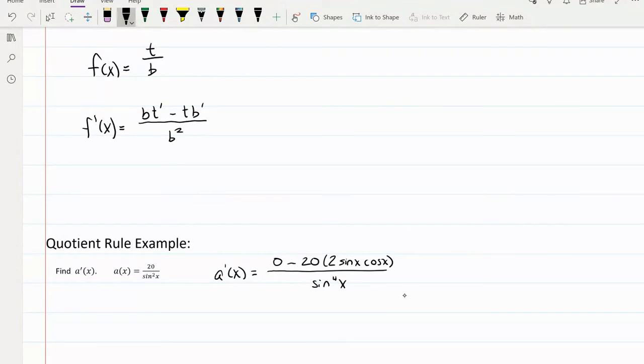So when we simplify this, a prime of x is negative 40 sine x cosine x over sine to the 4th of x.